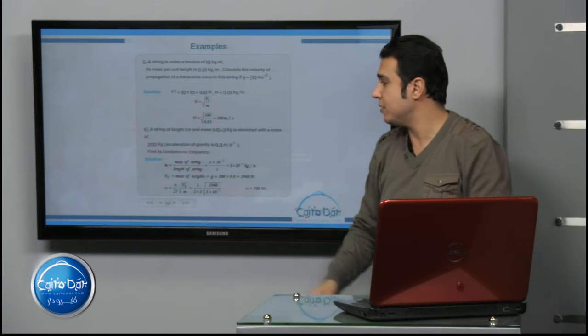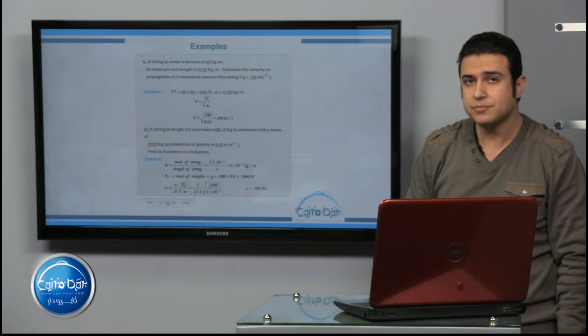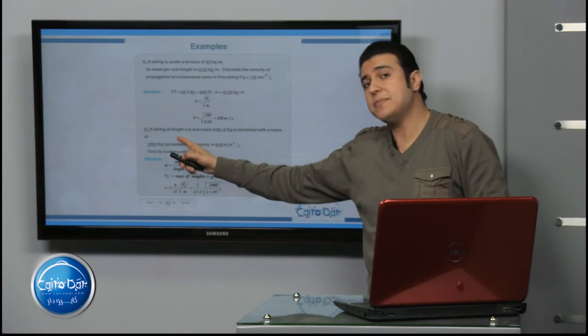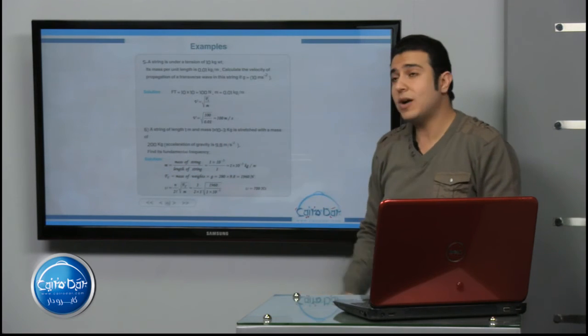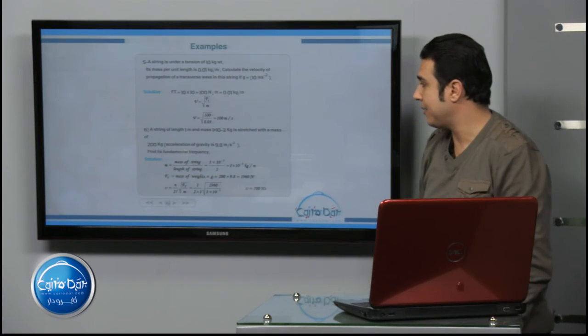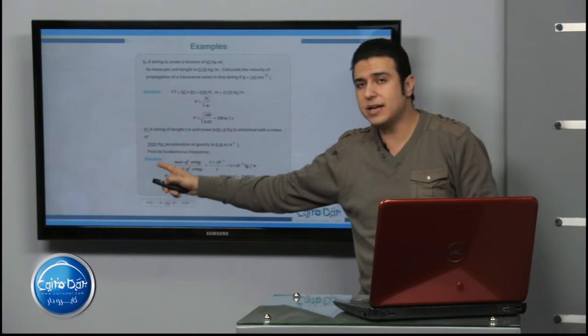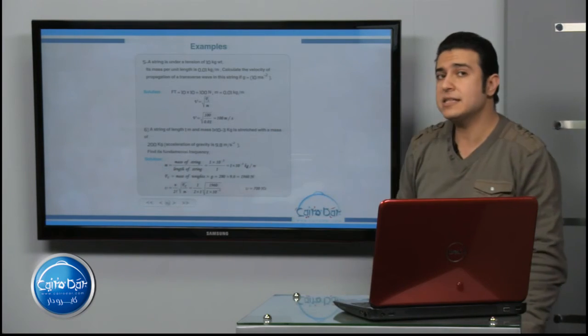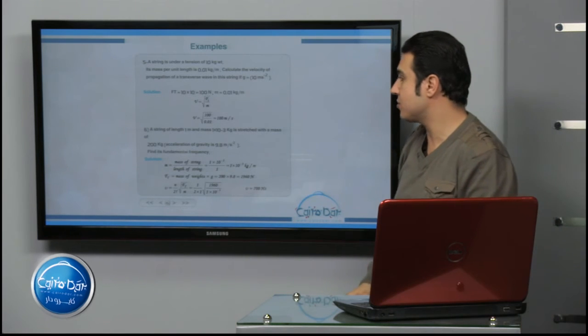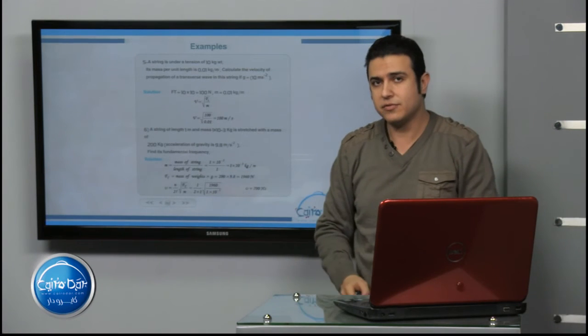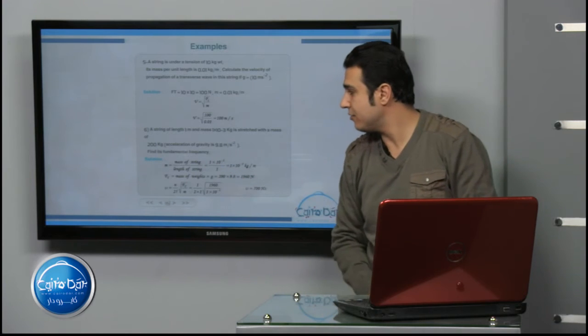That's for this example. Another example: a string of length 1 meter and mass 1 times 10 power negative 3 kilogram is stretched with a mass of 200 kilogram. Acceleration of gravity is 9.8 meter per second squared. Find its fundamental frequency.